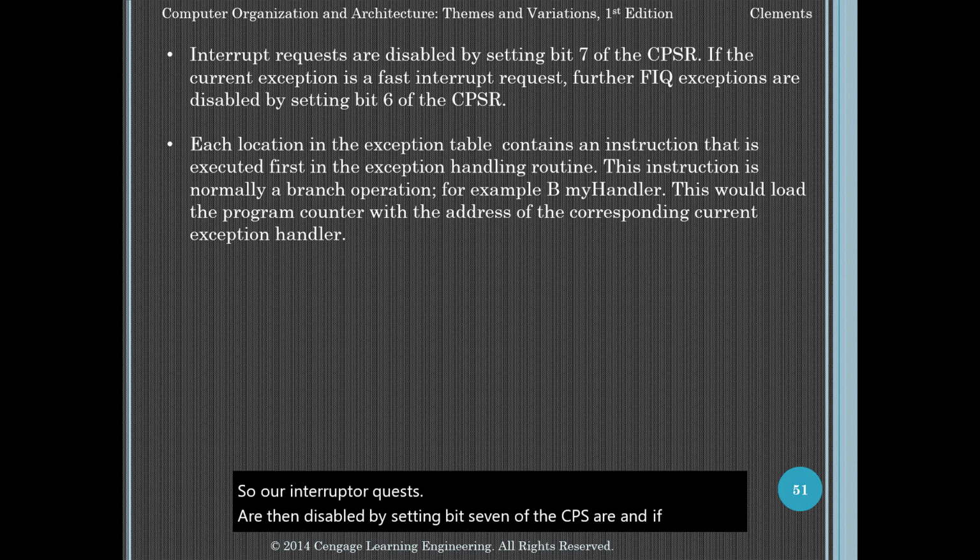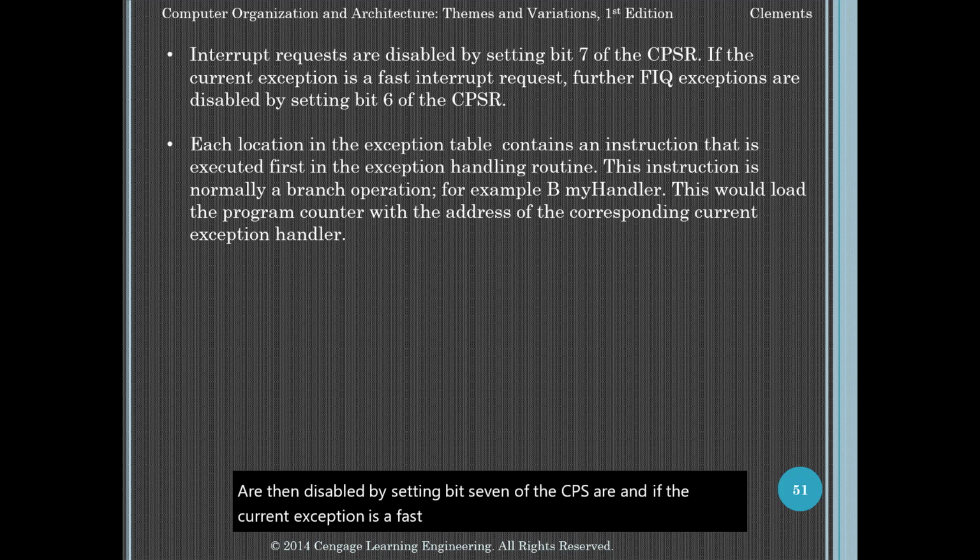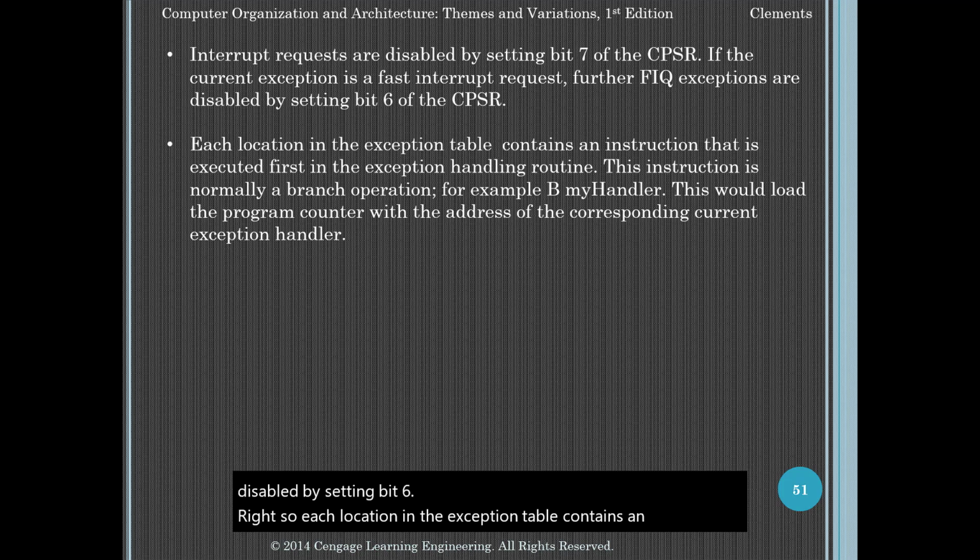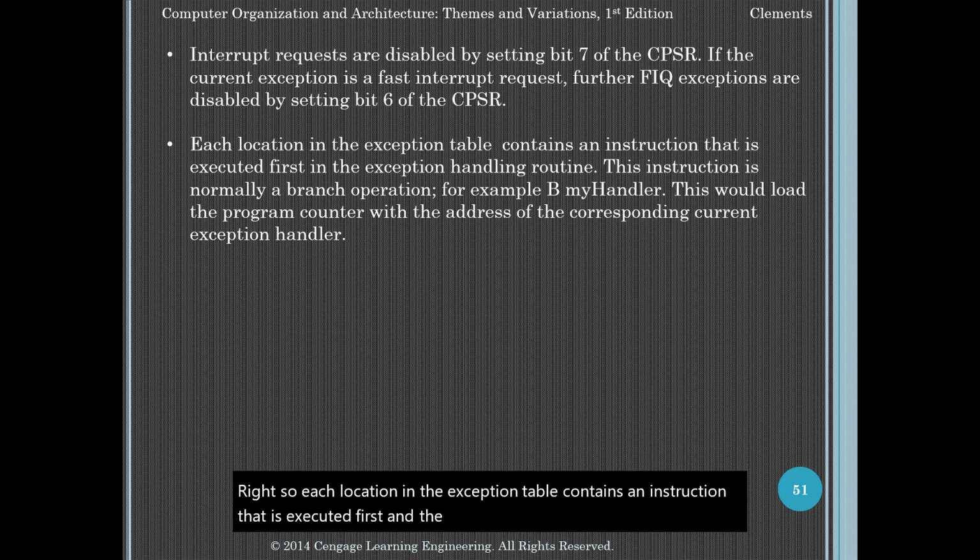And if the current exception is a fast interrupt request, then further FIQ exceptions are disabled by setting bit 6. Right? So each location in the exception table contains an instruction that is executed first in the exception handling routine. This instruction is normally a branch operation, like B my handler, whatever it is named. And we would load the program counter with the address of the corresponding exception handler.